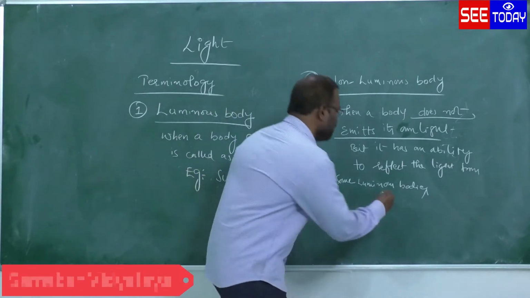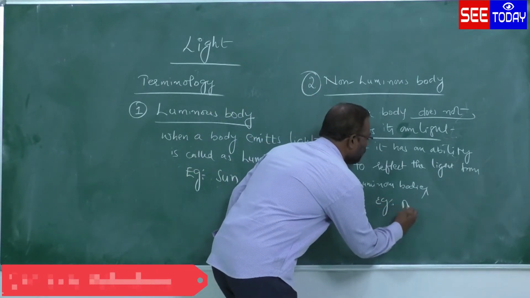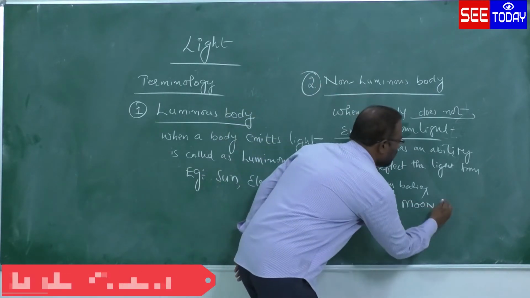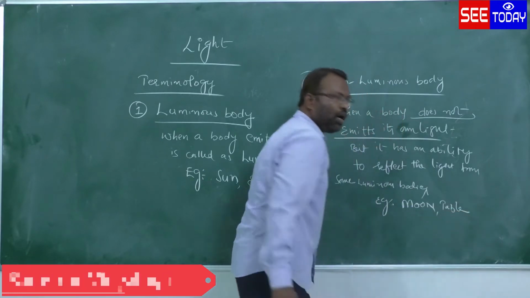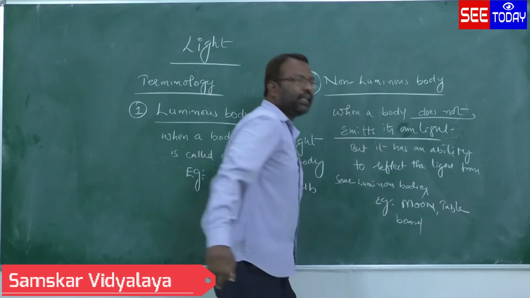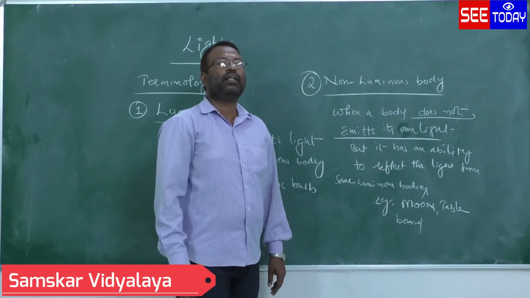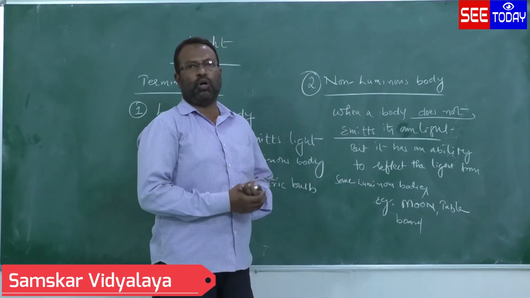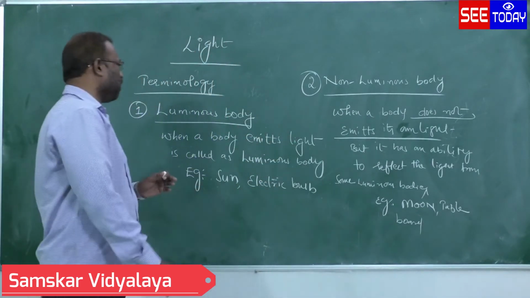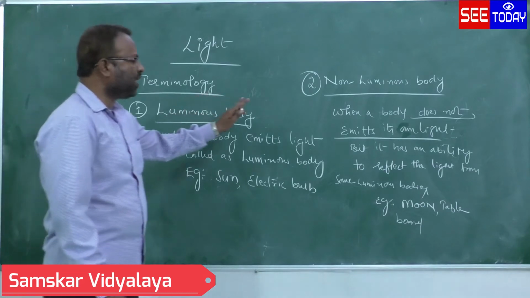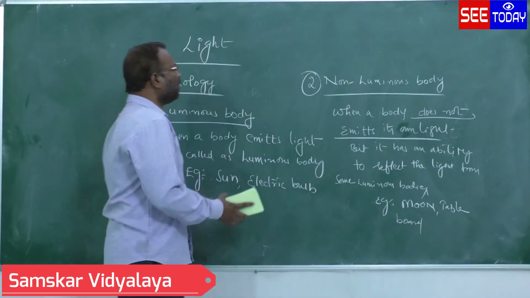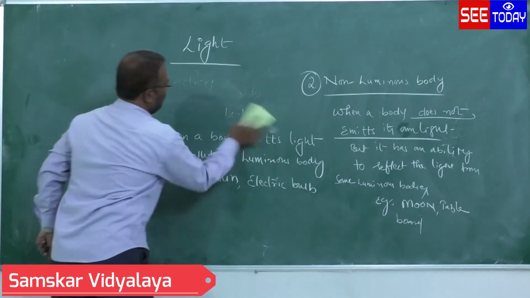Example, you can take the moon as the best example, a table is an example, or this board itself will become an example of non-luminous bodies. Okay, there are two terminologies we have gone through. One is called luminous, next one we call non-luminous.